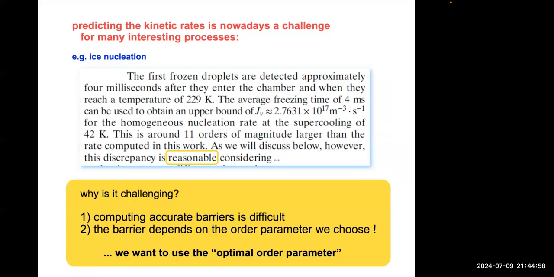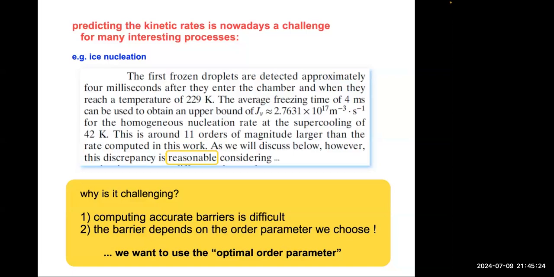And this is something reasonable today, in the sense that it is so difficult to get a precise absolute estimate of rates. But you understand that this is not a satisfactory situation. We need to get to a precise rate estimation, as I said in the beginning, to help our colleagues doing experiments, doing synthesis. So why is it so challenging to estimate accurate rates?